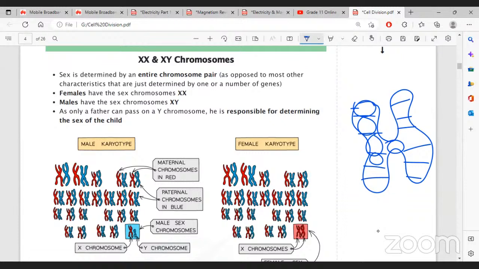But when it comes to sex, it is coded for by the entire pair of chromosomes. So the last pair of our chromosomes, the 23rd pair, is dedicated to sex. That means that whole pair does not code for anything else but sex, your gender.